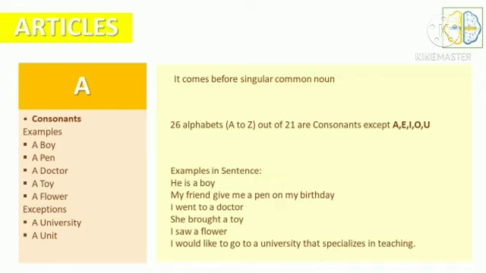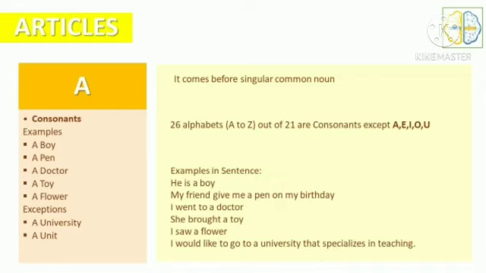I would like to go to a university. The spelling of university starts with U and U is a vowel. Then how have we written the article a over here? So friends, let me clear one thing. The spelling of university starts with U and U is a vowel, no doubt.